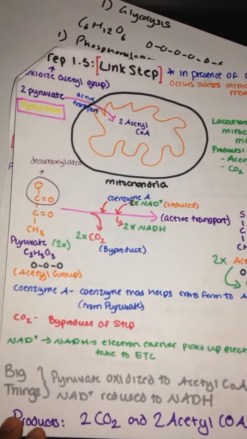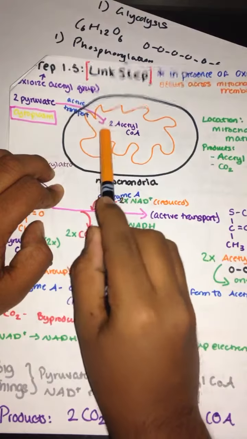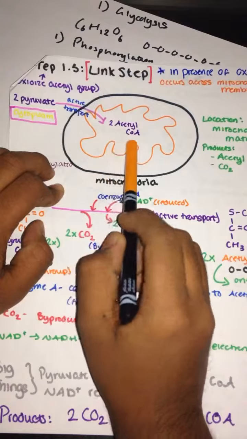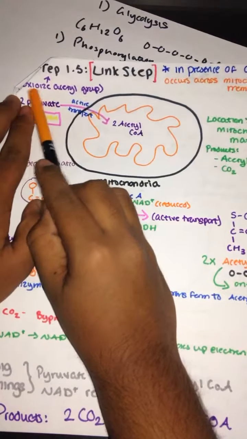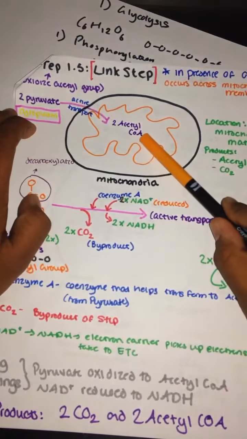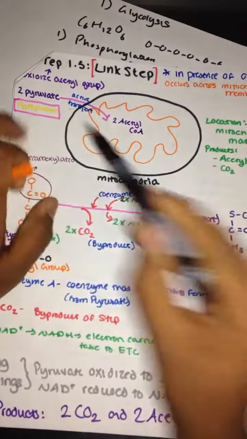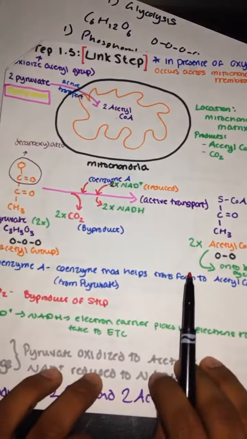So in the link step, you have 2 pyruvates go through the inner membranes into the mitochondrial matrix, and this is just the gist of it. What happens is you're basically oxidizing the pyruvate to produce 2 acetyl-CoA. Now, these 2 pyruvates undergo active transport to turn into this. What happens is described in more detail here.